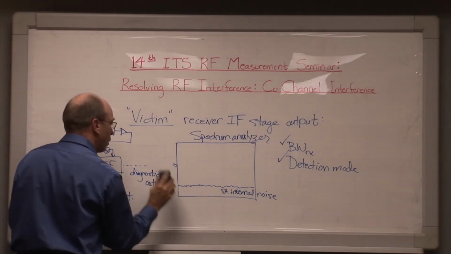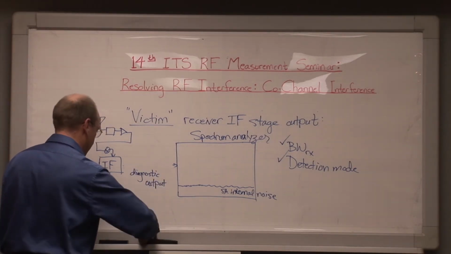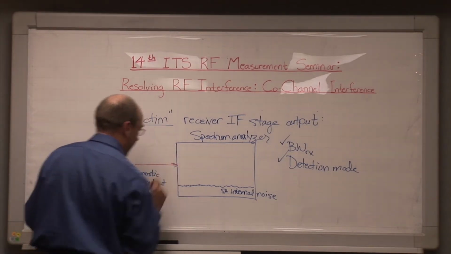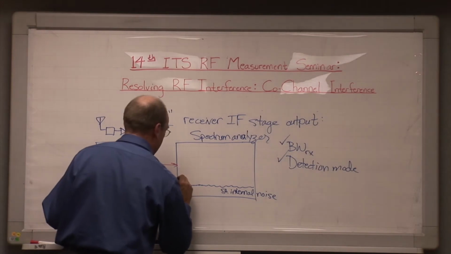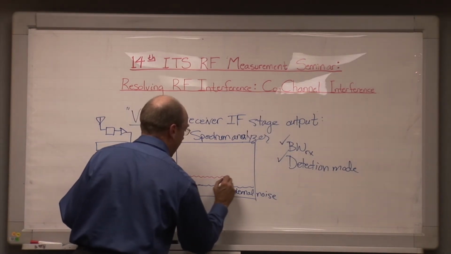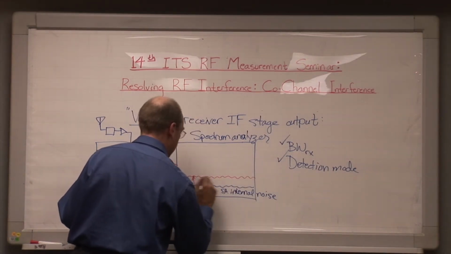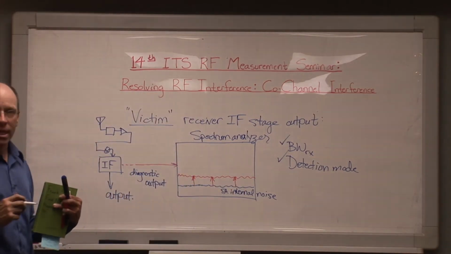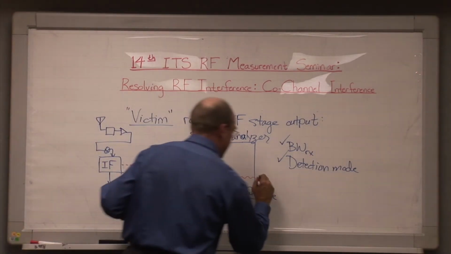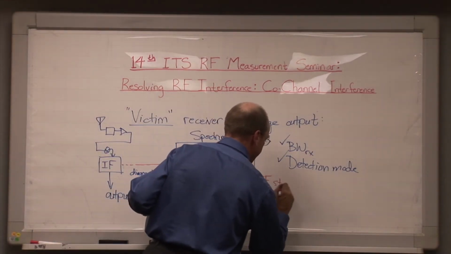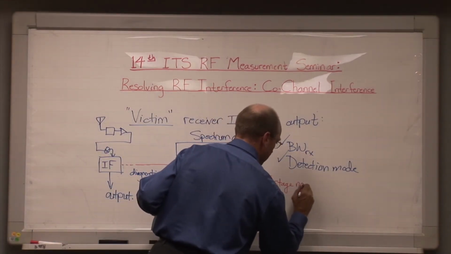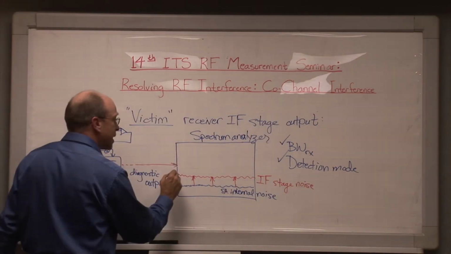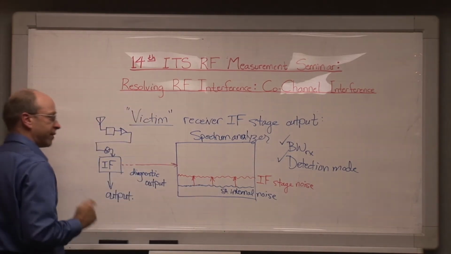Now we'll go ahead and connect it live to the IF output, and with any luck, we'll see this noise level displayed higher than the spectrum analyzer's noise. And what does that mean? That means that we're seeing the IF stage noise at that point. That's good. In other words, we're seeing their noise level, not our noise level, when we look at this.